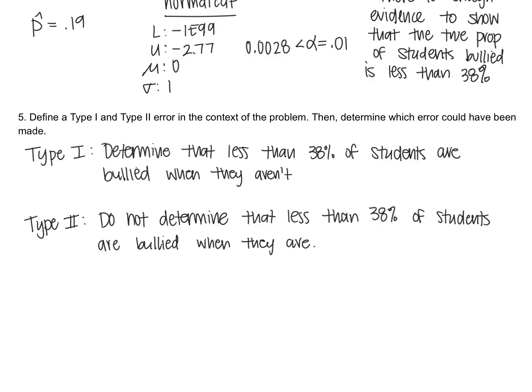Okay. And then when it comes to which one we could have made, so again, because we rejected, we could have made a type 1 error, because we rejected H0.